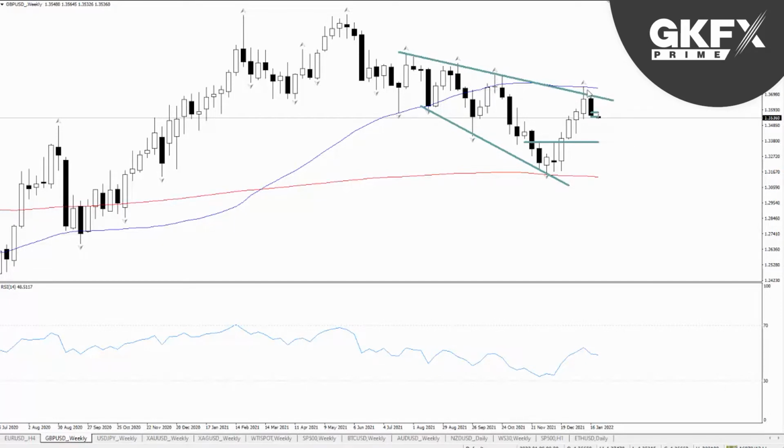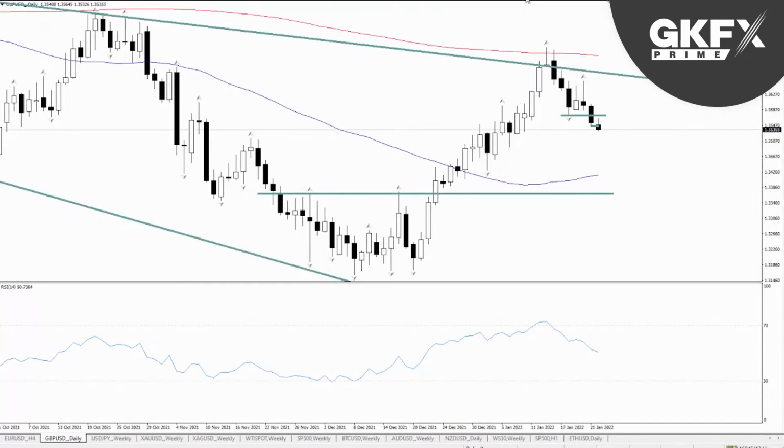So it's a successful test of both those, that confluence of resistance there. And you can see on the same thing that we've been making lower lows. So really on a weekly trend basis, even though we've had a really nice rally over the past few weeks, technically if you're going by the fractals, we're actually still in a downtrend here on a weekly basis.